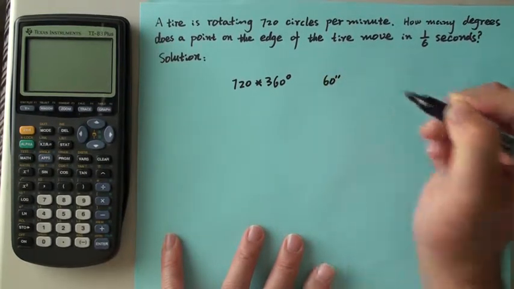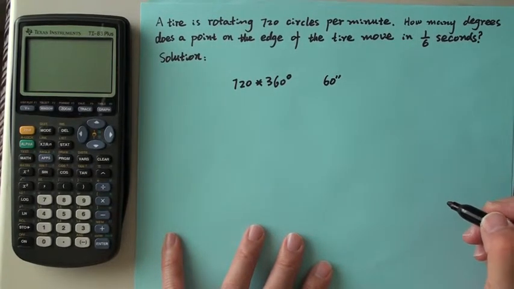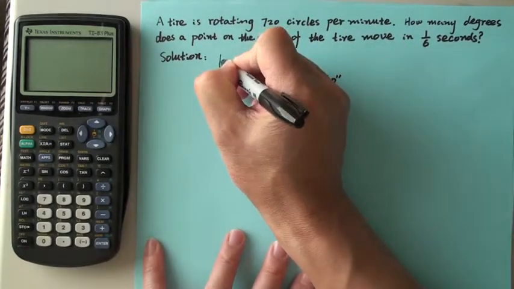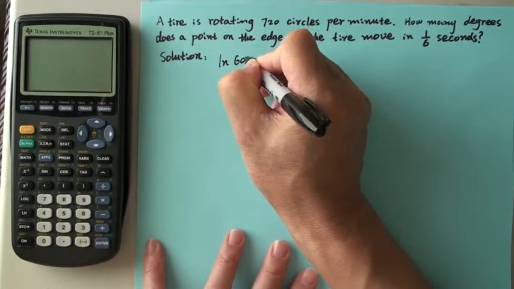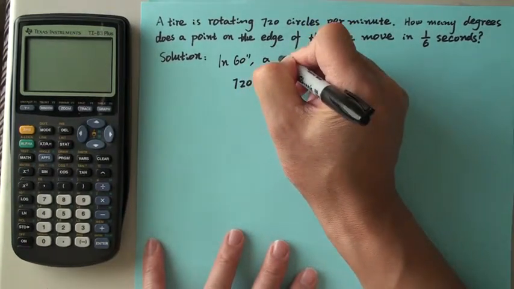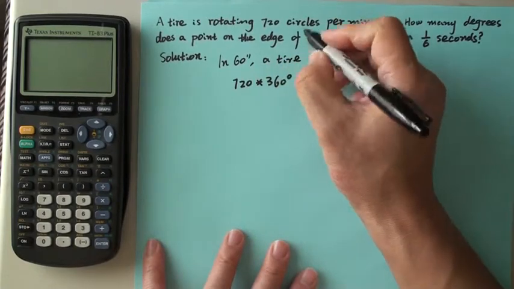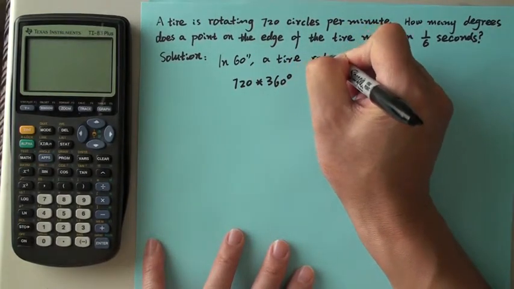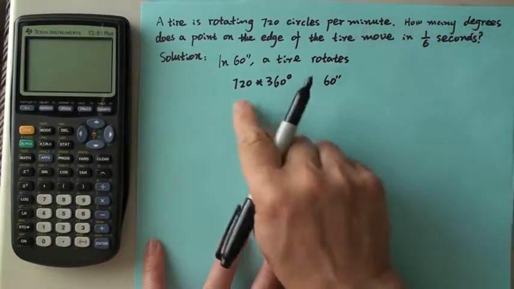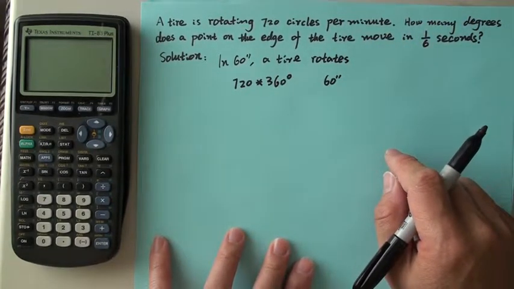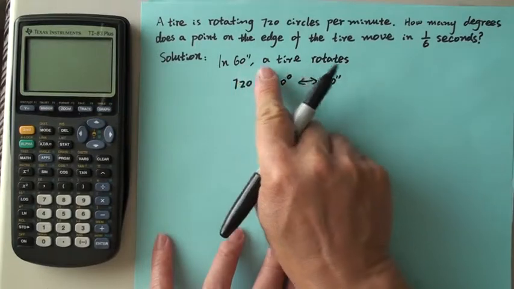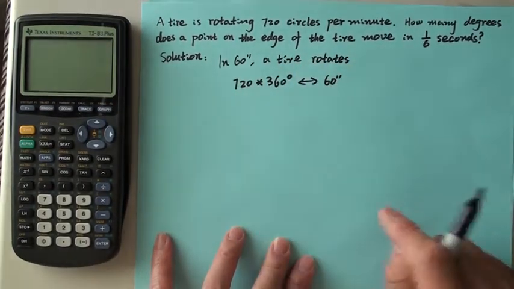So you may write it like this: in 60 seconds, a tire rotates this many degrees.